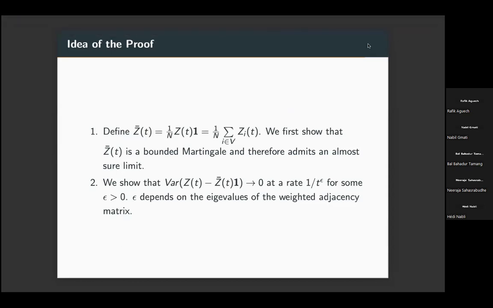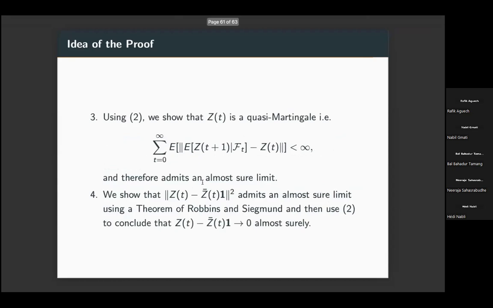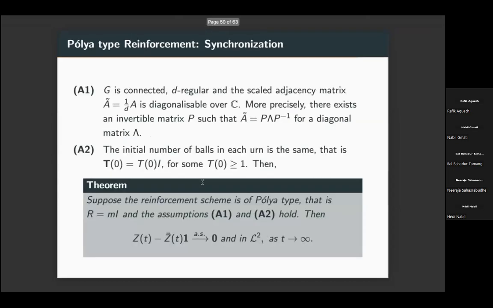All right, so you can show that Z bar T is in fact a martingale, and therefore it has an almost sure limit. Then you show that the variance of ZT and Z bar T actually goes to 0 at a rate which is like 1 over T to the something. Finally, you show that ZT admits an almost sure limit. ZT, remember, is the vector of fraction of balls on 1, on 2, on 3, and on n. Since G is connected and d-regular now, there are no stubborn vertices.